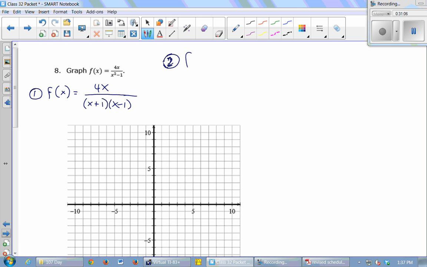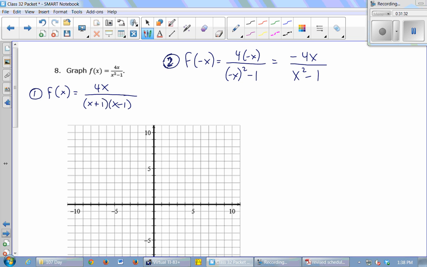All right, so I take f of negative x. I have to plug a negative x in here, and I get 4 times negative x over negative x squared minus 1. This is negative 4x over x squared minus 1. Is that exactly the same as the original function? It is the opposite of the original function.